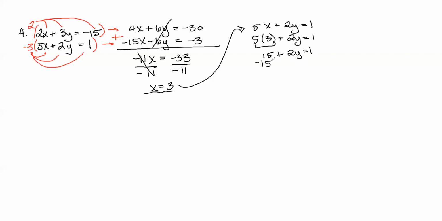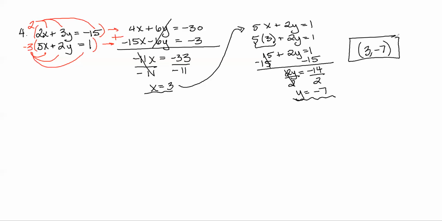Subtract 15, and we get 2y equals negative 14, and divide both sides by 2, so we get y equals negative 7. And so our solution is 3, negative 7.